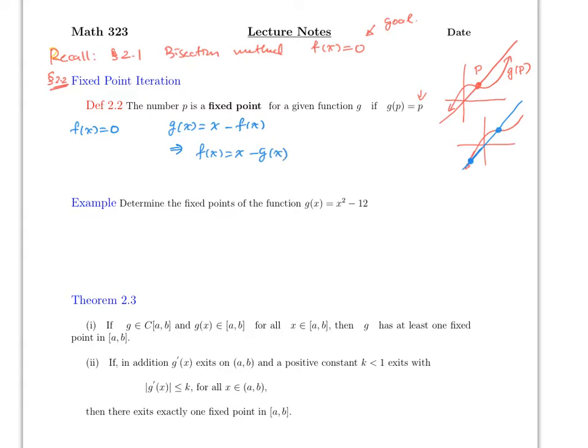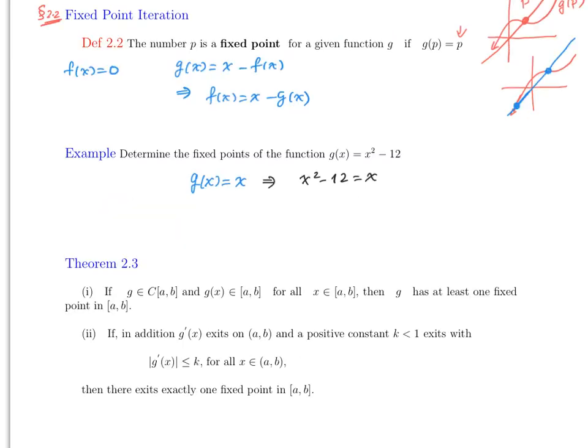Well, let's do a very simple example to explain what a fixed point is. Graphically, it should be obvious what it is. But let's say that g of x is x squared minus 12. If you want a fixed point, then we need to solve g of x equals x. So this implies that x squared minus 12 should equal x.